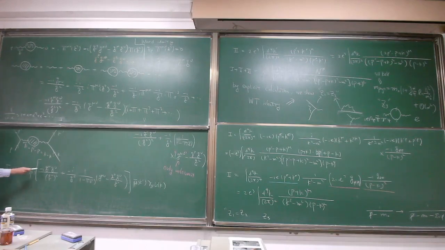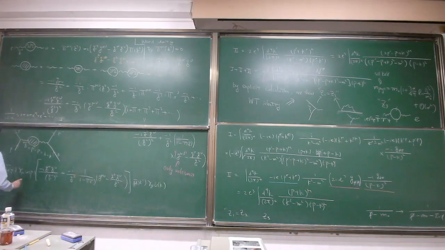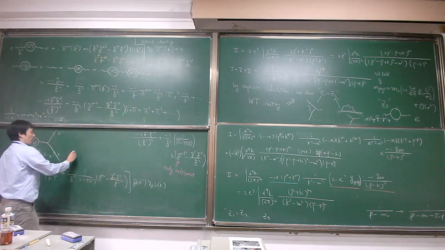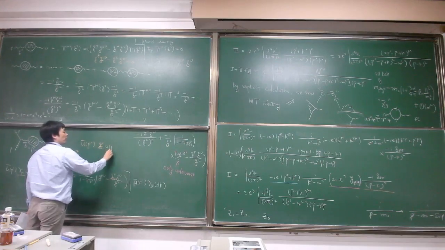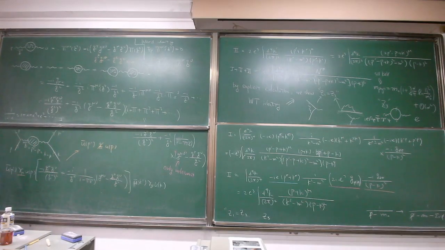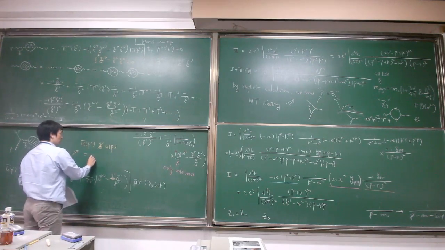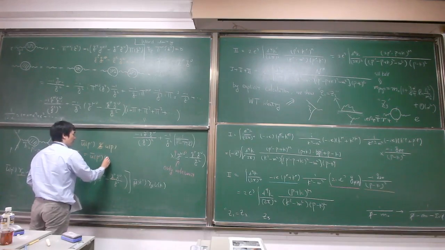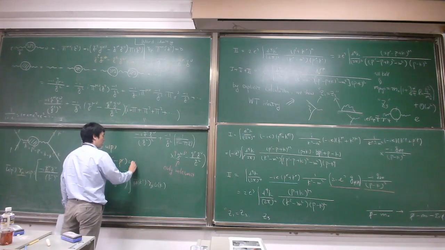Therefore, if you take q slash and gamma mu, concentrating on this part, that will give you u bar of p prime q slash u of p, which equals u bar of p prime times p slash minus p slash prime, times u of p.